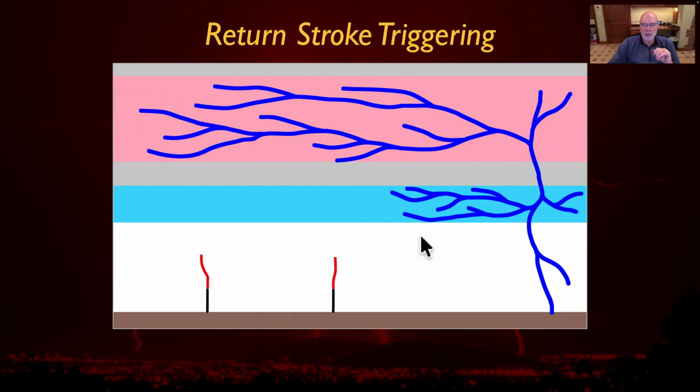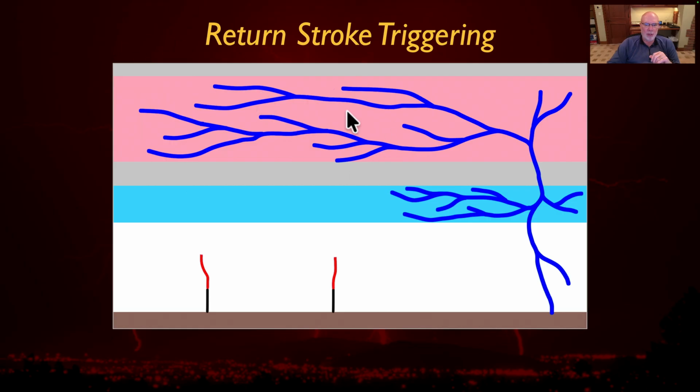But in this case, negative leaders may propagate towards or near the towers, but the field change isn't enough to initiate upward positive leaders from those towers. So we don't see triggering even though those leaders moved overhead. But then there's a return stroke and a rapid intensification of this leader network in the negative sense that occurs due to the return stroke.